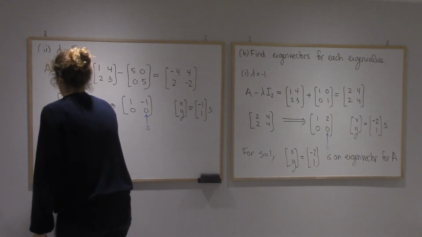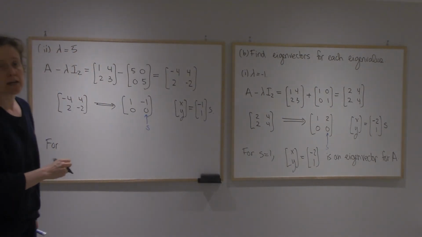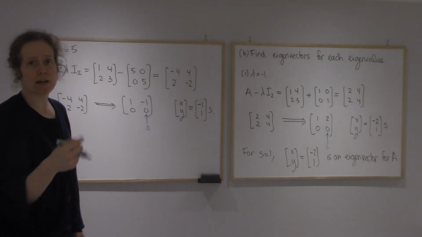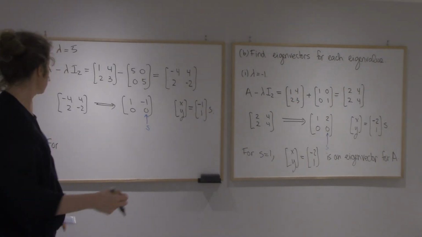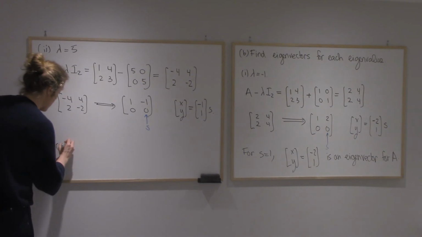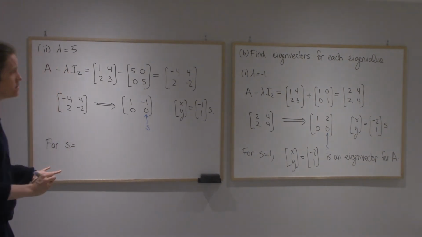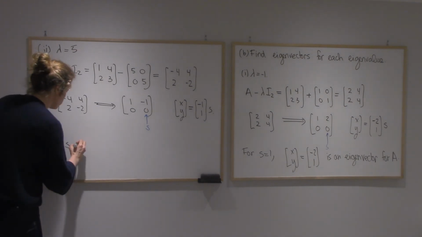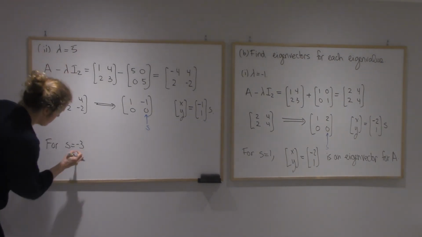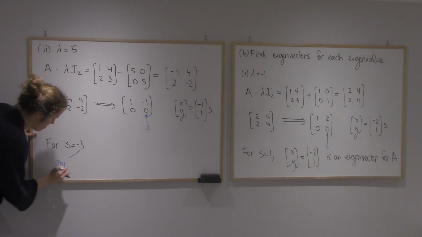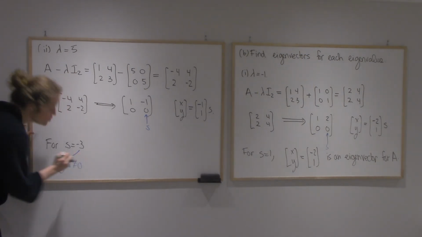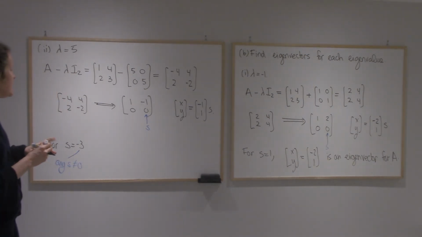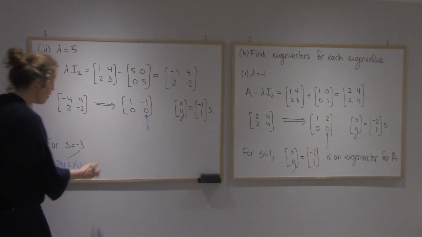So it doesn't matter what value of s you pick as long as you don't pick 0. An eigenvector is not allowed to be the 0 vector. So for s, you could take 1. Let me take minus 3. It doesn't matter. You could take pi, you could take e, anything you want except 0.